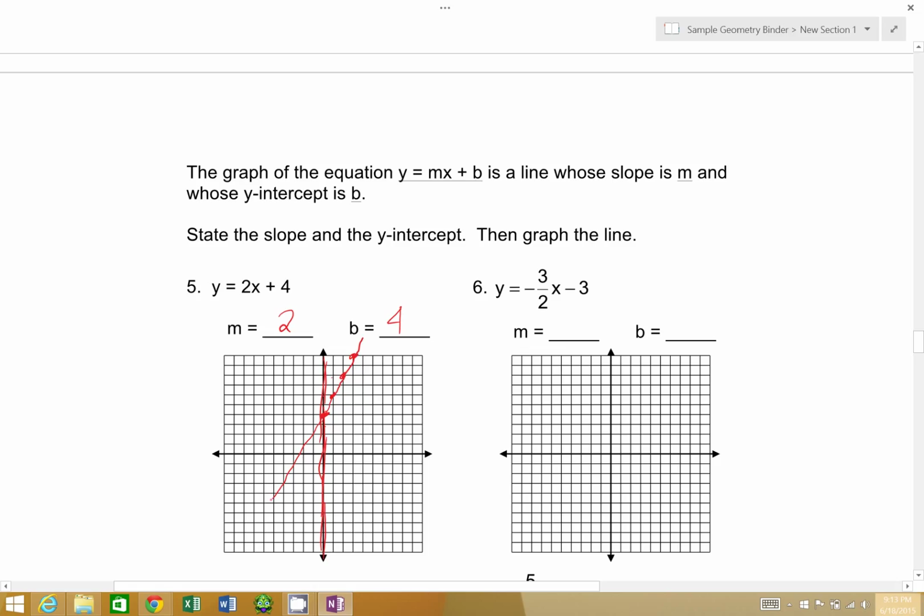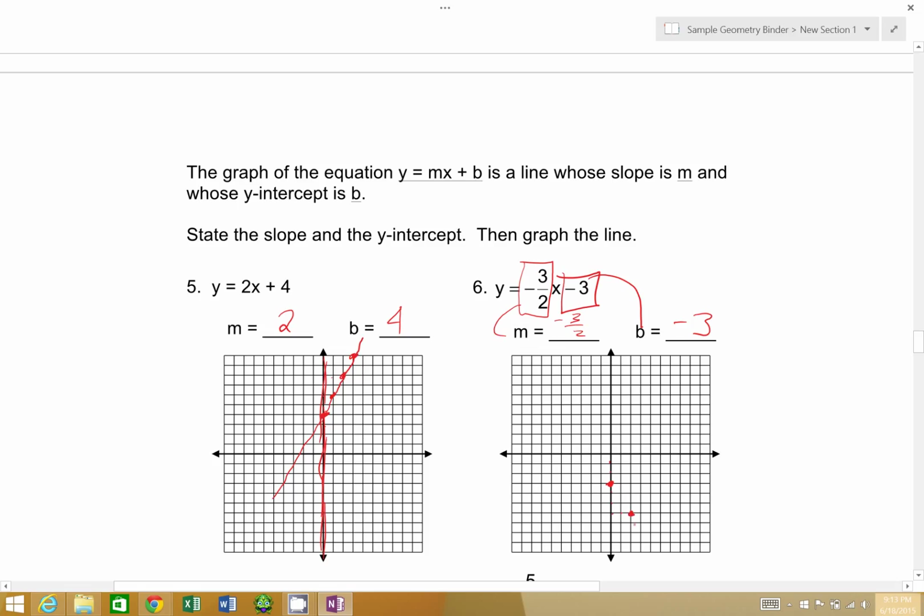Let's try it again over here. My y-intercept was -3. My slope, -3/2. Okay, so I go down 3, 1, 2, 3. There is my y-intercept right there. So I go down 3 and over 2.